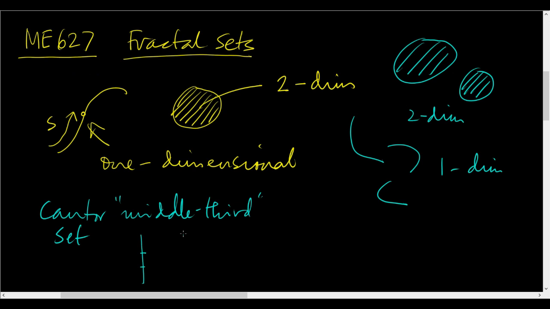So we get these two line segments, and then we remove the middle third of each, and then we get these four line segments, and then we remove the middle third of each, and we get, I'll draw that in yellow, two there, and two there, and two there, and two there, and we keep this going on and on infinitely many times. So that's the Cantor set, that limit.